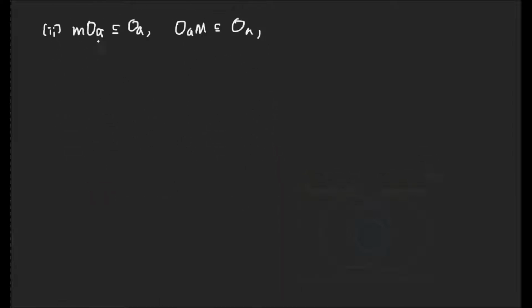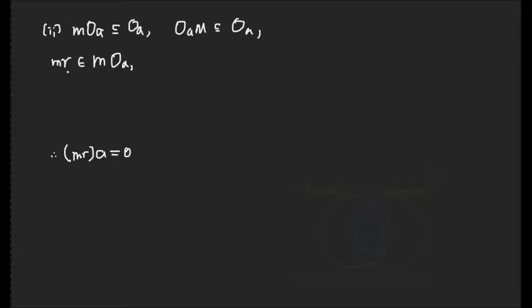The first thing is to suppose m r is an element in M O_A. If we finish the proof, the form is clearly, because m r is an element in O_A, this means m r A is equal to 0. If the statement is true, then we can deduce this from here.